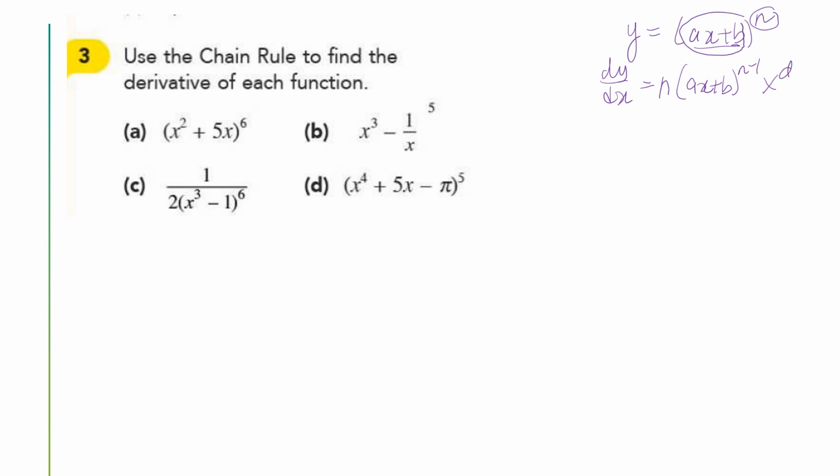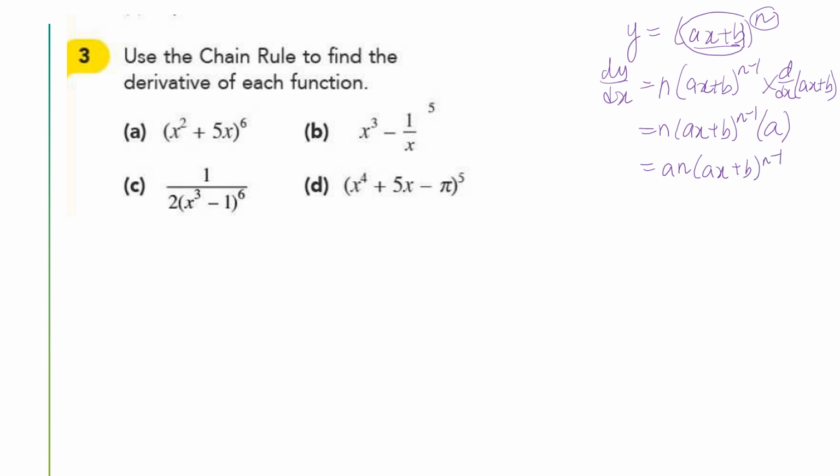So you need to differentiate the one inside the bracket, which will give you, differentiate ax will give you a, differentiate b is a constant, so you will just get 0. So that will give you a times n bracket ax plus b to the power n minus 1. Right, so that is the chain rule.